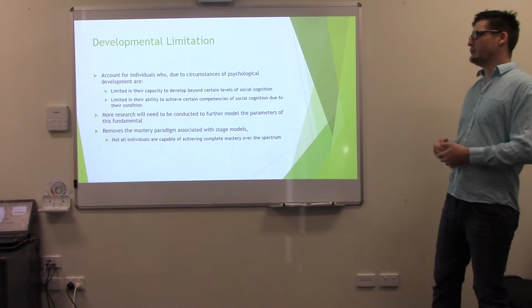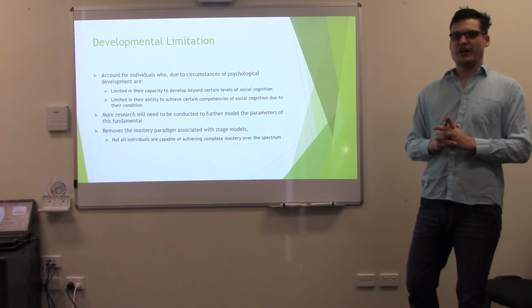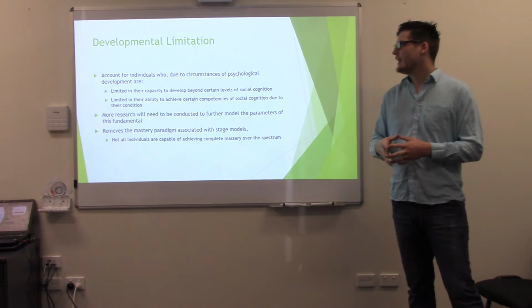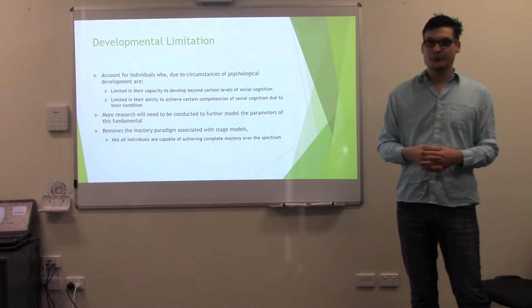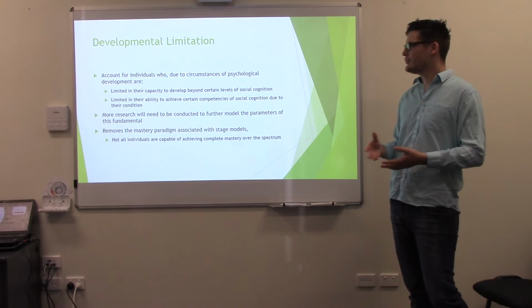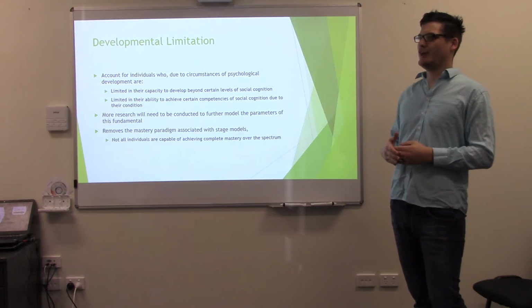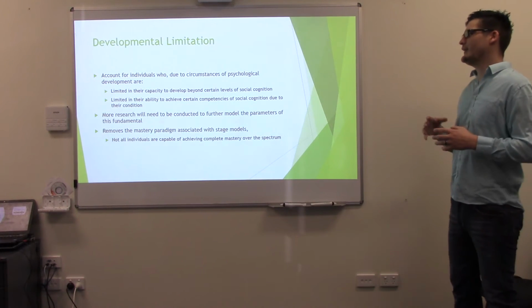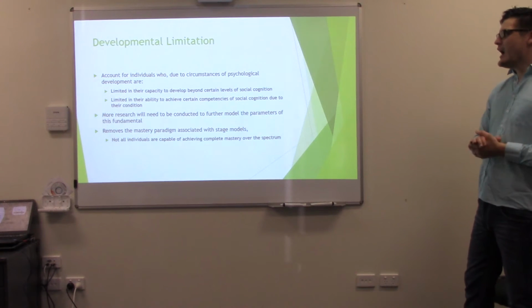A lot of developmental models don't actually account for the limitation in some individuals. So what we've said is it accounts for individuals who, due to circumstances of psychological development, even in some cases physiological development, are limited in their capacity to achieve beyond a certain phase of the spectrum, or they're limited in their ability to achieve certain competencies in the spectrum.